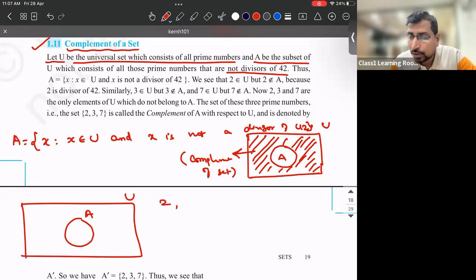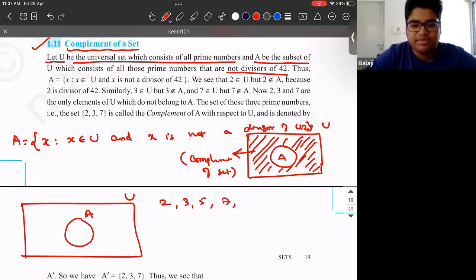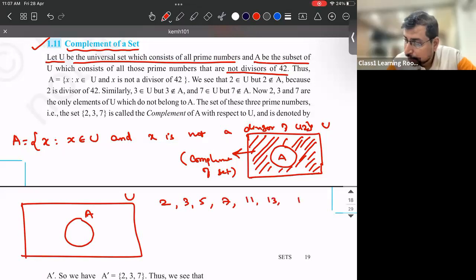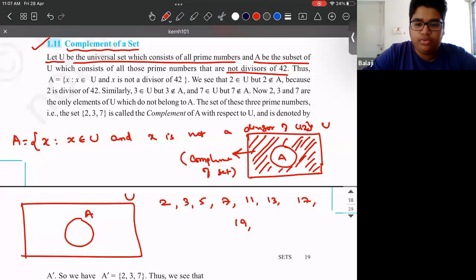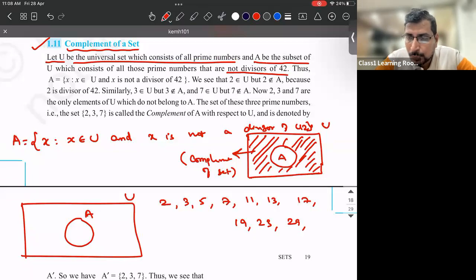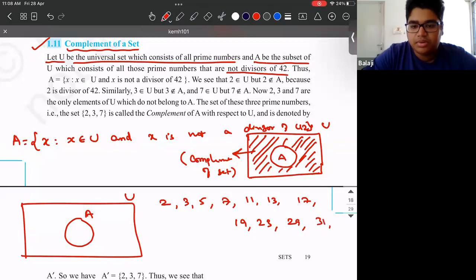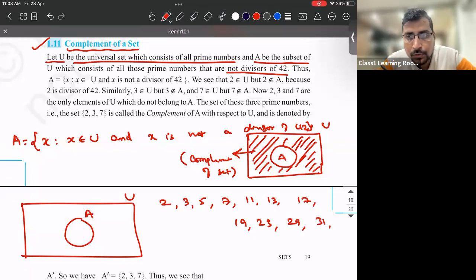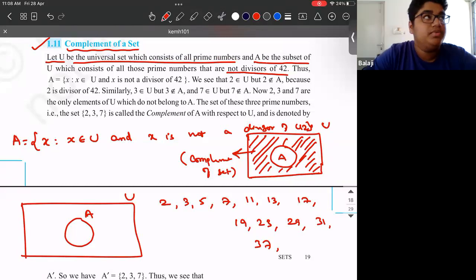For example, if you start with the prime numbers: 2, 3, 5, 7, 11, 13, 17, 19, 23, 29, 31, 37, 41.